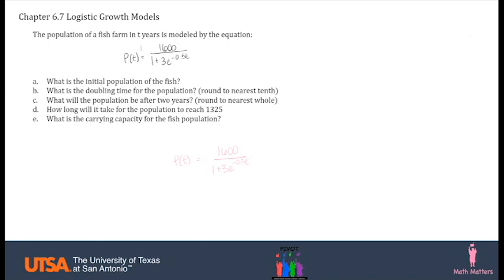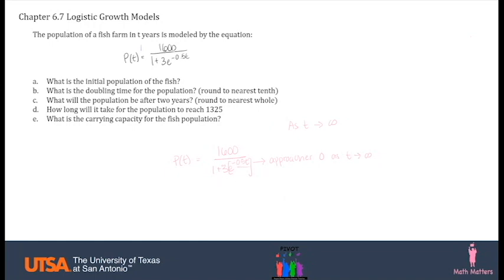Okay, so at this point, we want to ask, as t approaches infinity, or as t gets bigger and bigger, what happens to this function? Well, as t gets bigger and bigger, this negative 0.5 times t is going to get bigger and bigger, but it's going to be a negative. So this e term approaches 0 as t approaches infinity.